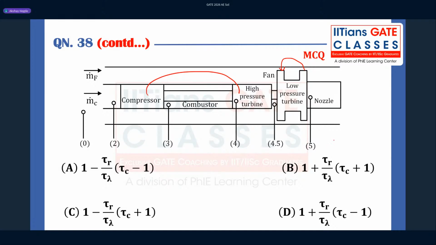So I can match the work for ideal conditions. That is, the work done by the turbine is completely driving the compressor, so I can match those works. What we have to find out is the total temperature ratio across the high pressure turbine.